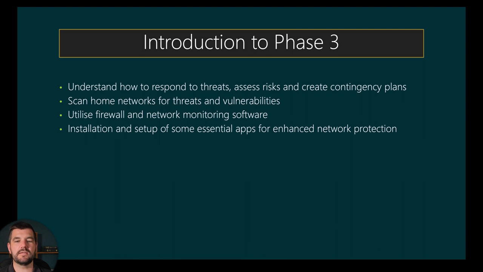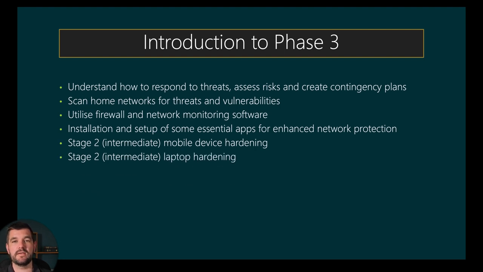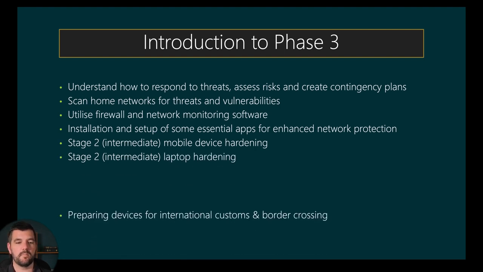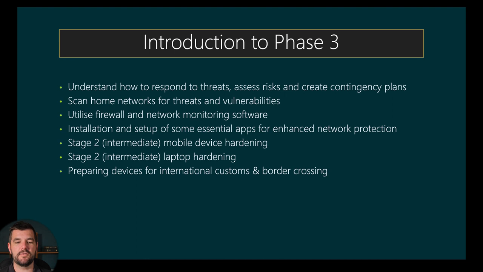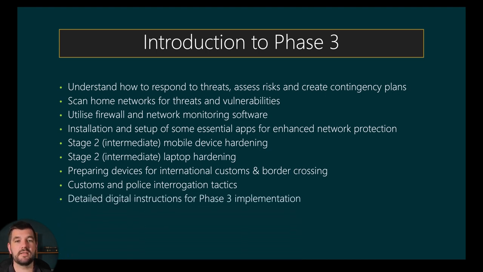We're going to install and set up some essential apps for more enhanced network protection. We're going to look at Stage 2 intermediate mobile device hardening, Stage 2 intermediate laptop hardening, preparing devices for international customs and border crossing, customs and police interrogation tactics. Detailed digital instructions will be given for Phase 3 implementation.